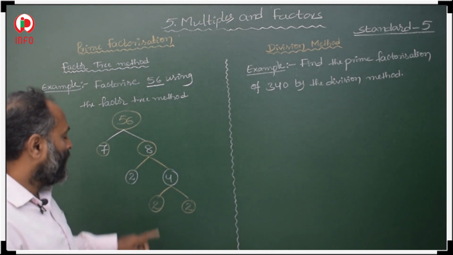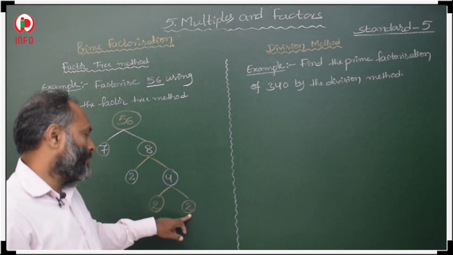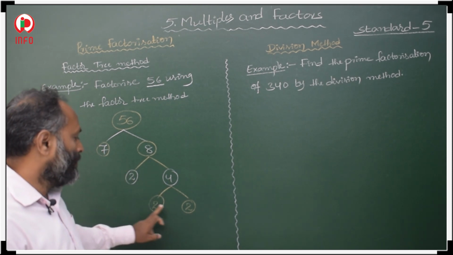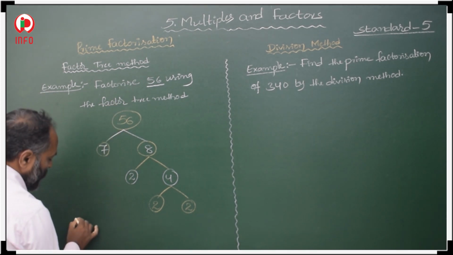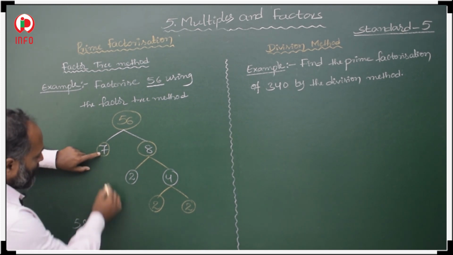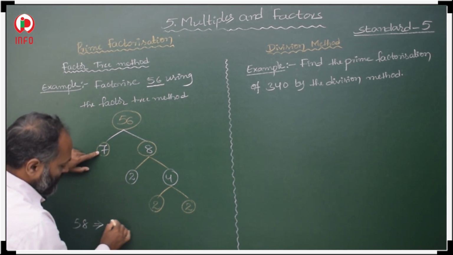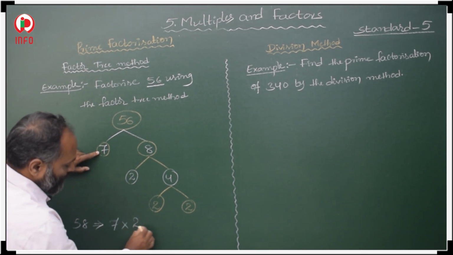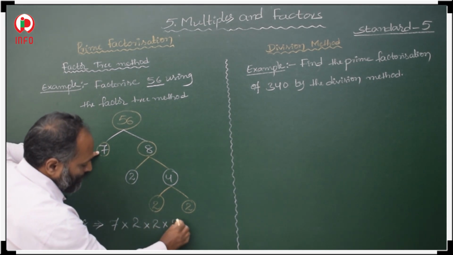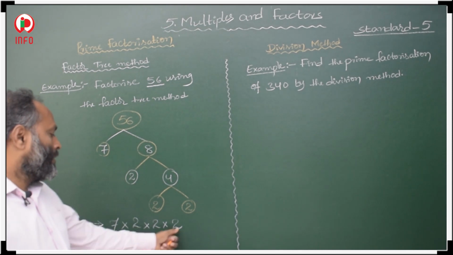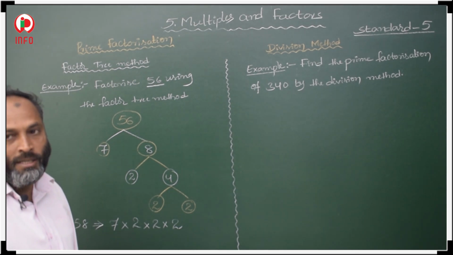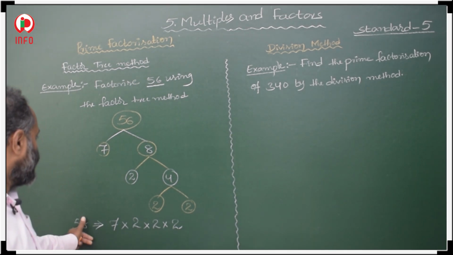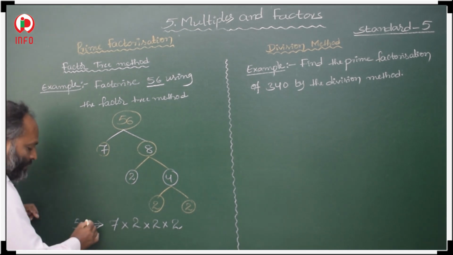Now check: here 2 is an even prime number, and 7, 2, 2, 2, all of these are prime numbers. So 56 as a product of prime factors is 7 into 2 into 2 into 2. Check: 2 2s are 4, 4 2s are 8, 8 7s are 56.